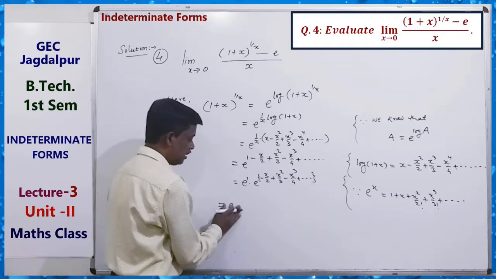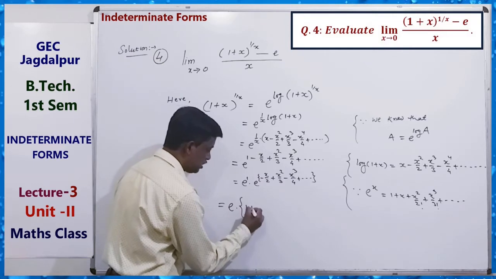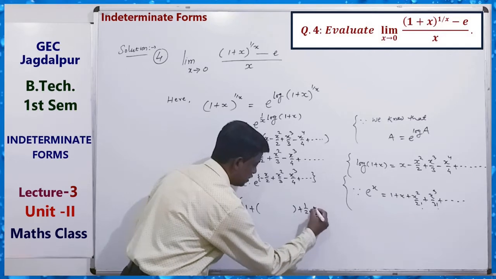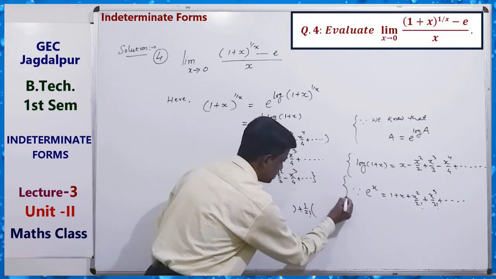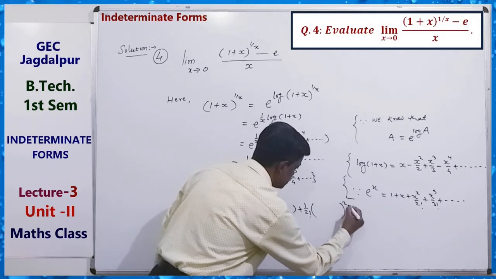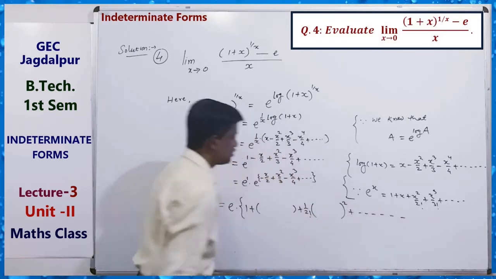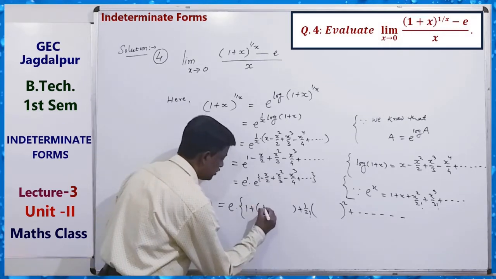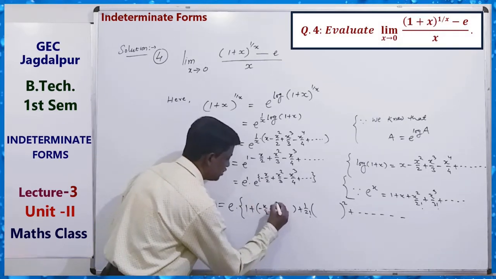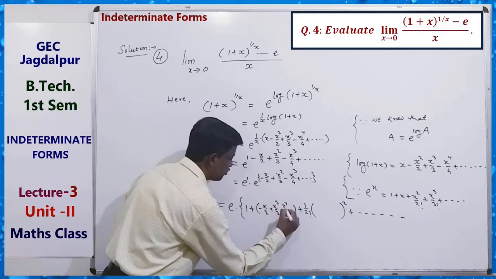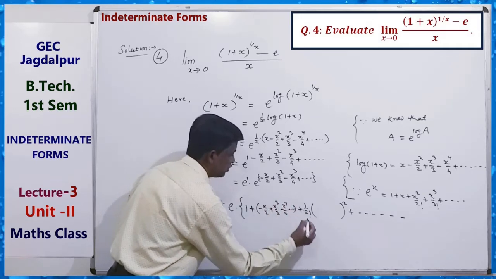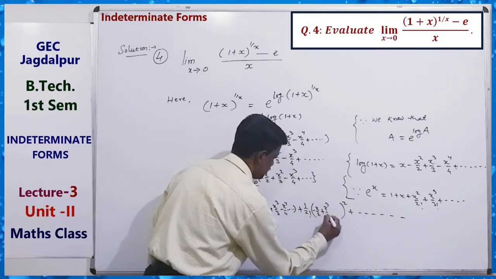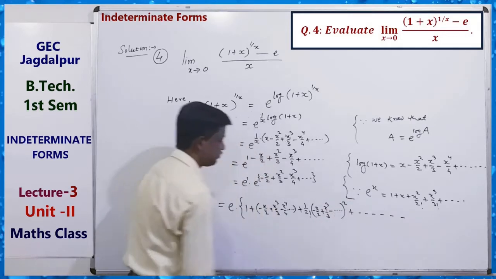We can write: 1 plus the quantity minus x by 2 plus x square by 3 minus x cube by 4 and so on, plus 1 by 2 factorial times the square of the same quantity, plus and so on.